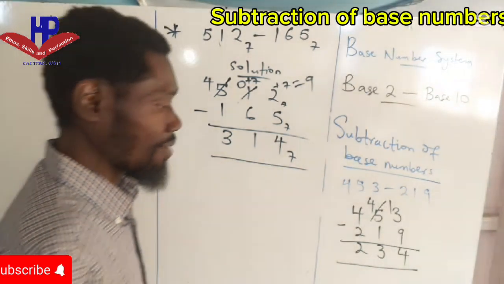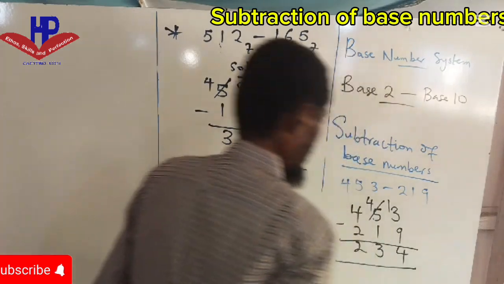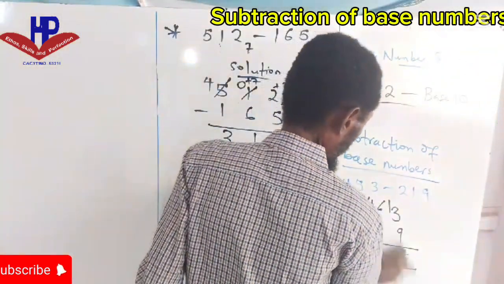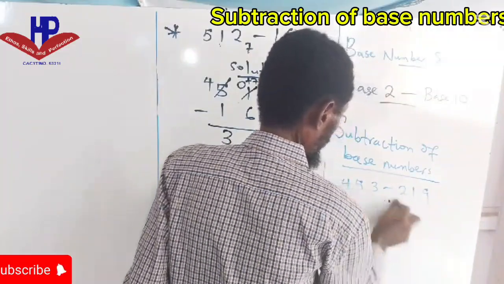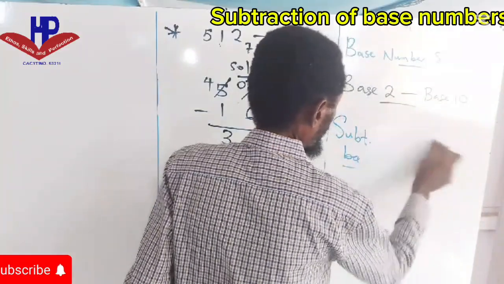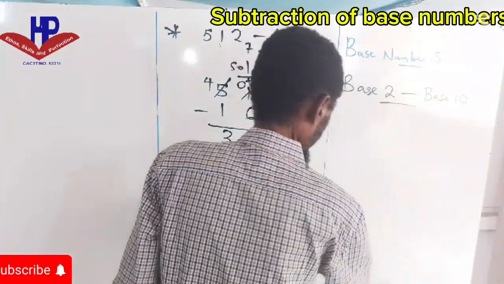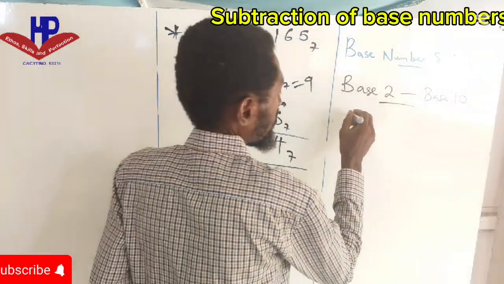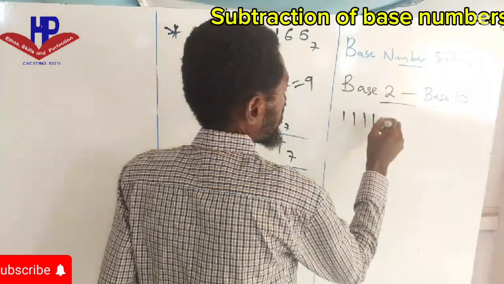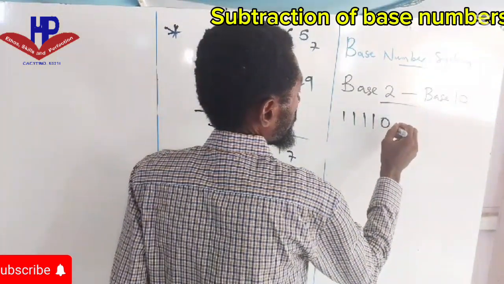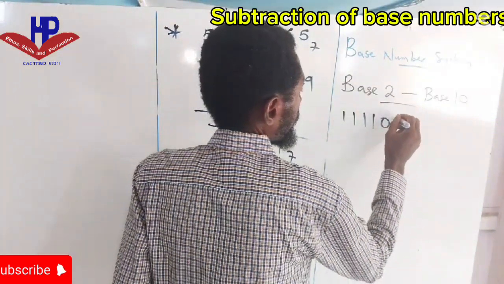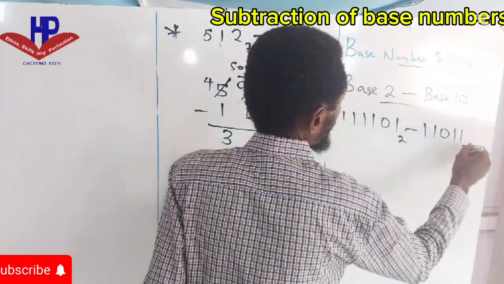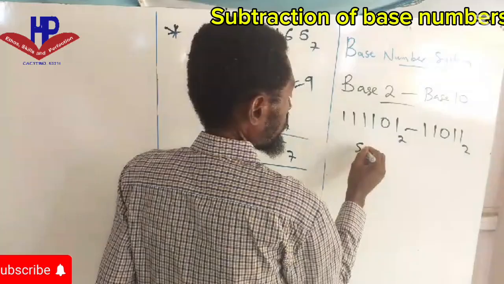Let's try another example. Still on subtraction of base numbers. Let's try 11110 base 2 minus 1101 base 2.